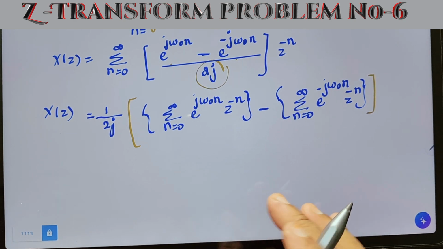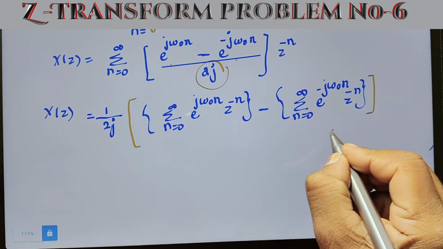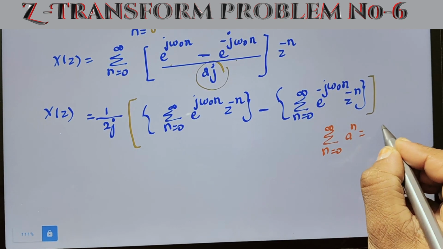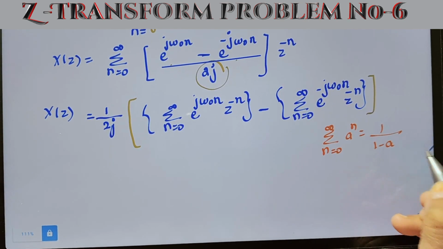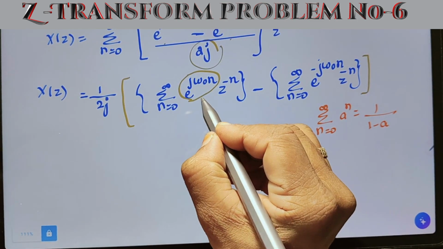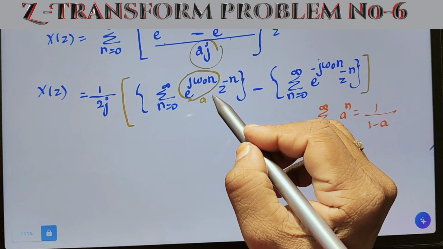For the next step, apply the formula. We know the formula: summation n equal to 0 to infinity a power n equals 1 by 1 minus a. Consider the whole term as a. Before that, take the n term as common.